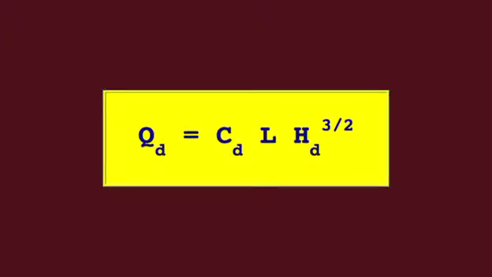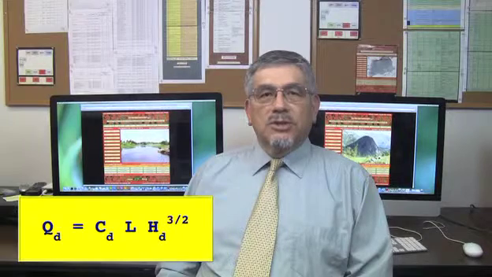The broad-crested weir equation is, in which Q sub D is the design discharge, C sub D is the discharge coefficient, L is the weir or spillway length, and H sub D is the design head above the crest of the weir, excluding the velocity head.